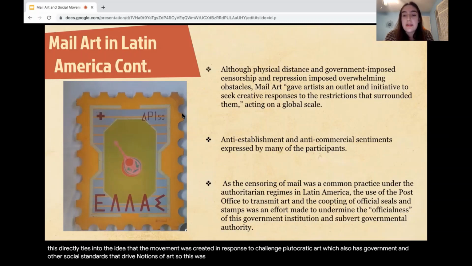So this was an interesting parallel that I drew myself. And on the left-hand side is an example of a stamp that was created. And it looks like there's an instrument in the middle.